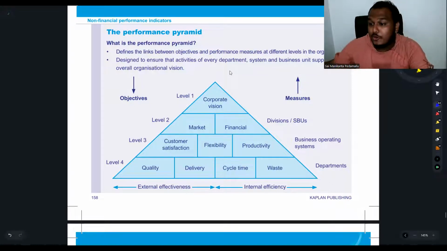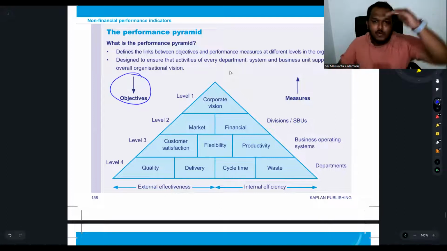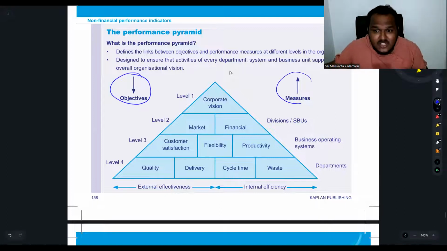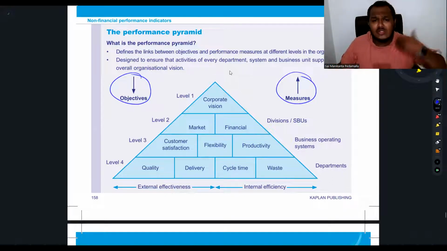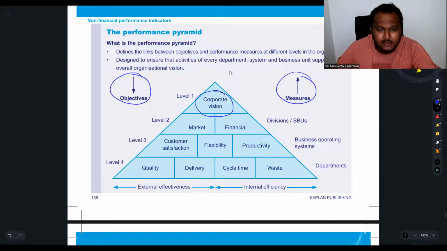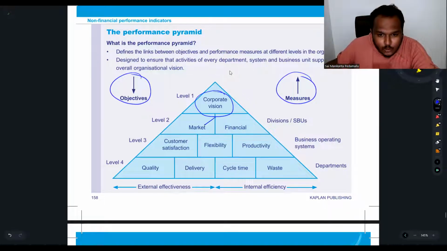So one thing that I want you to observe in performance pyramid is what, sir? Objectives are moving from top level to bottom level. The measures come from bottom level to top level. So objectives means what? Goals, targets, standards, whatever. They are set from first. Corporate vision will be there. The overall future goals or future aspects or future plans of the company. And those can be split into 2 parts, financial and market decisions.